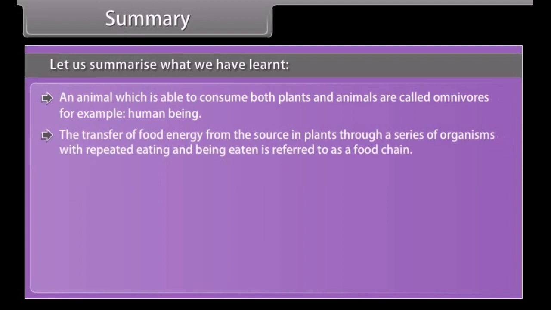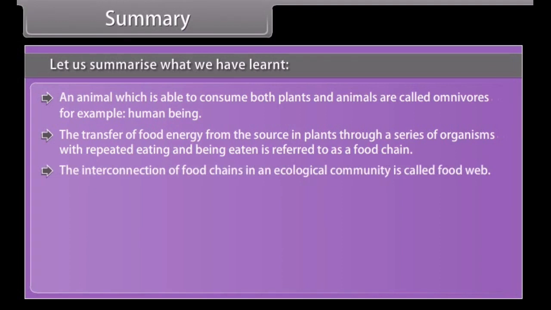The transfer of food energy from the source in plants through a series of organisms with repeated eating and being eaten is referred to as a food chain. The interconnection of food chains in an ecological community is called a food web.